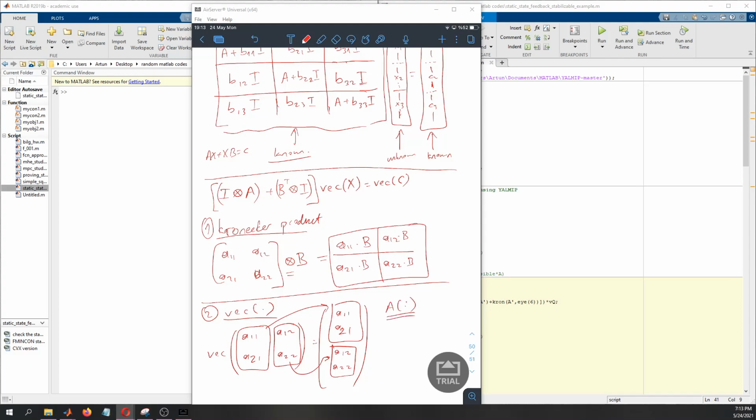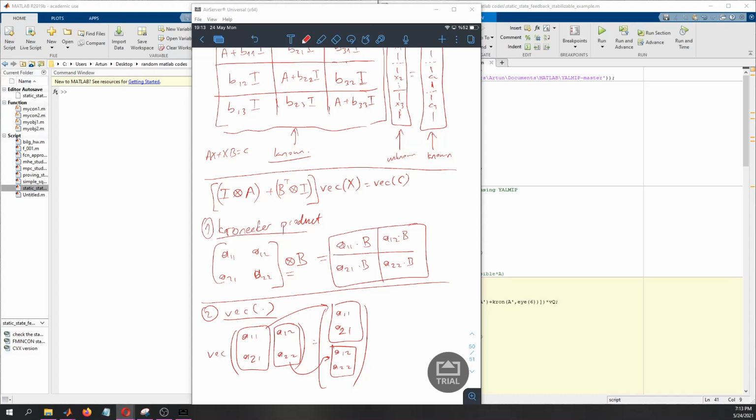But again, whenever you use this type of operation, please look at the documentation and check if this library is doing what you want it to do, because there are some dimensional differences.